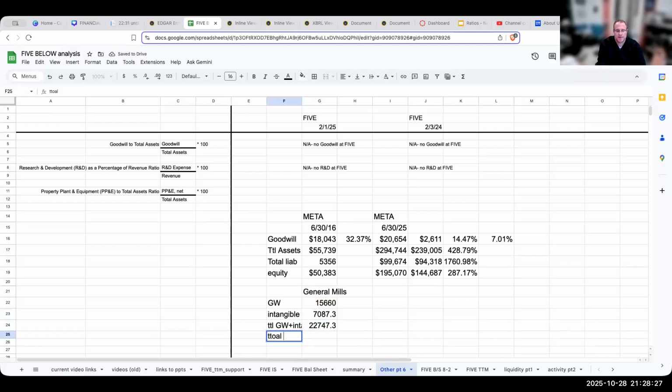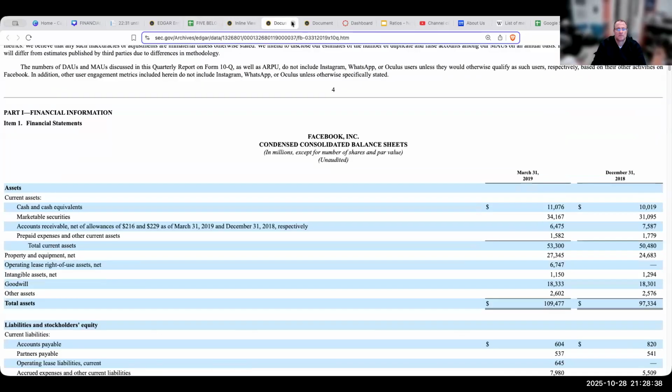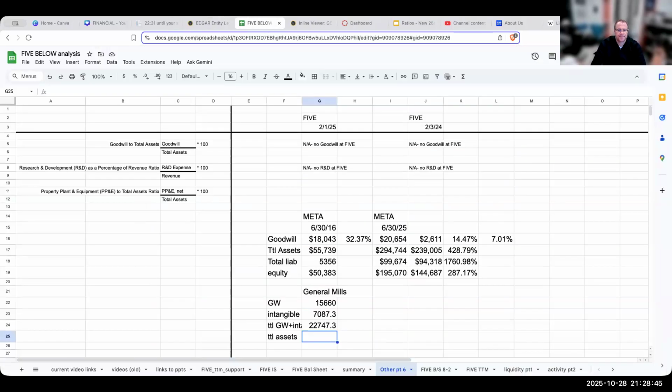And we have total assets. My total assets for General Mills are going to be roughly $35.15.